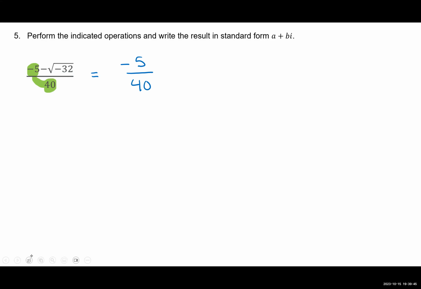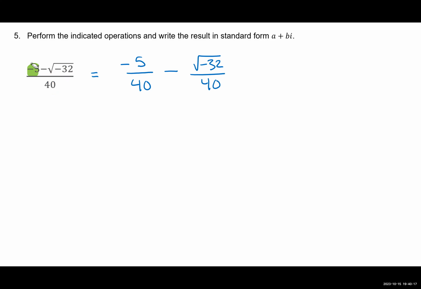And then we've also got this square root of negative 32, and that's also being divided by 40. And they're connected with a minus sign. Right, so we're basically just splitting up this fraction into 2 parts.